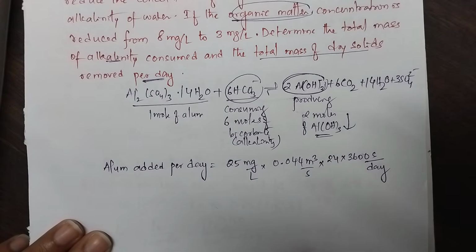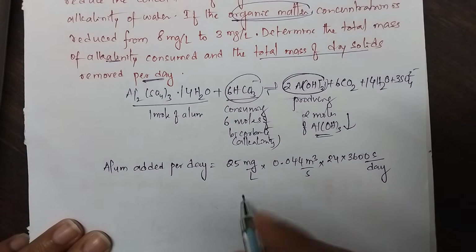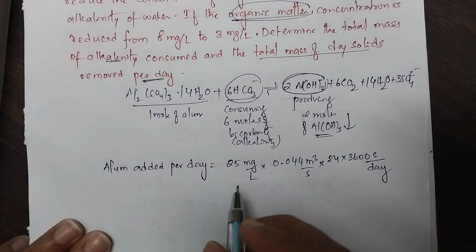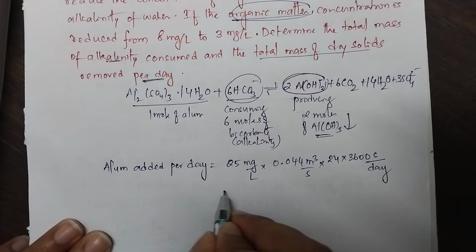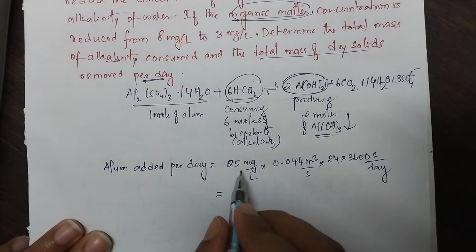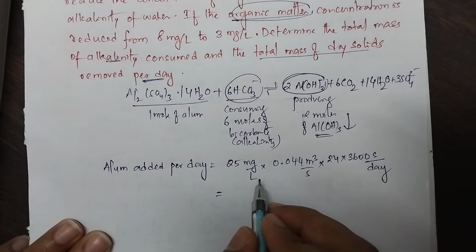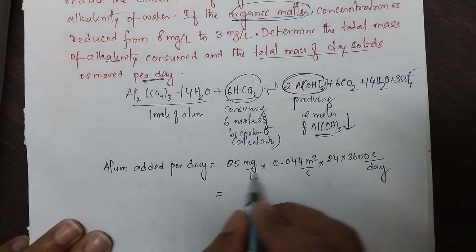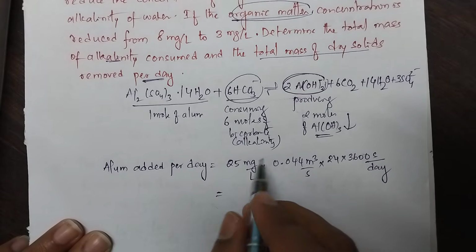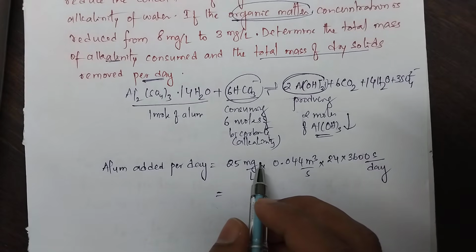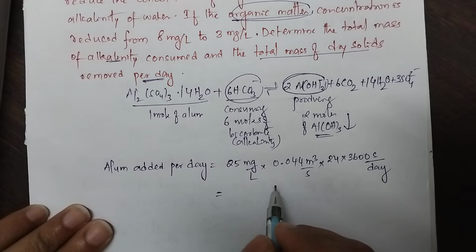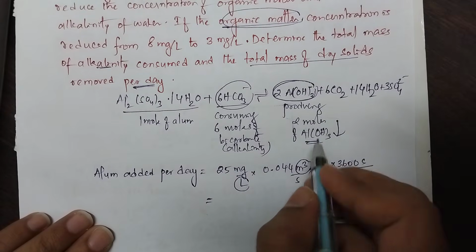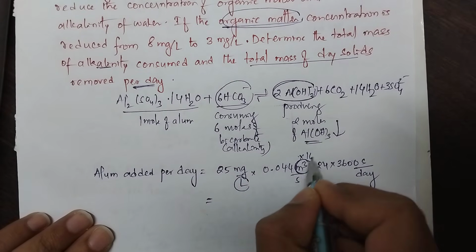So this would be, if you multiply these three, so here it is in liters and here it is in meter cubes, so we have to also convert meter cube into liters, that is 10 power 3 liters.